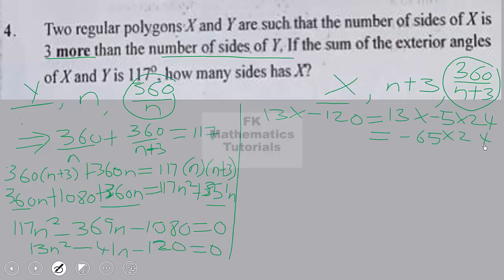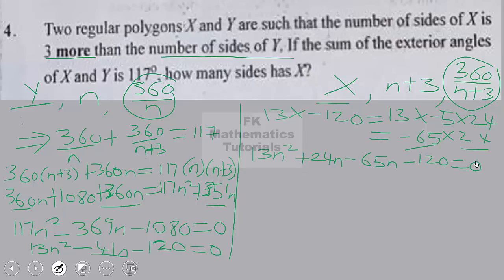So when we add this, we get negative 41. So we use negative 65, then positive 24 to replace this. So it becomes 13n squared plus 24n minus 65n minus 120 is equal to 0.